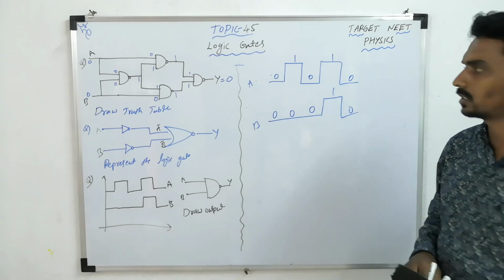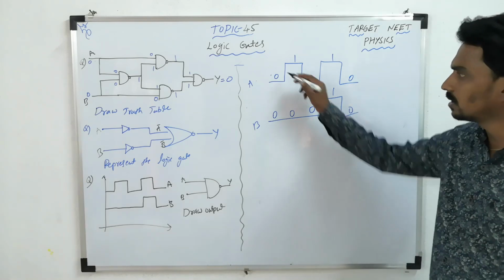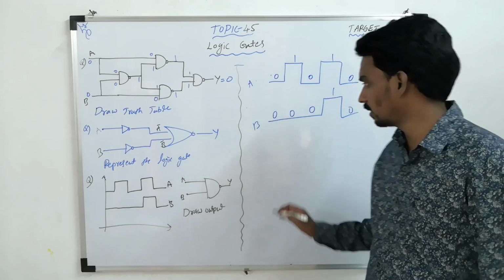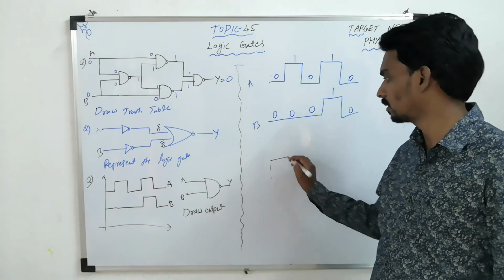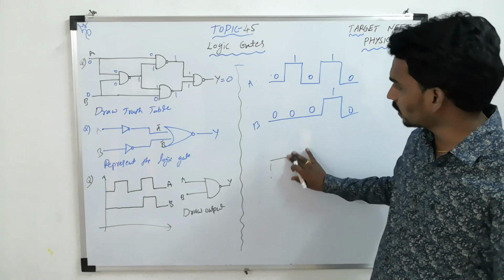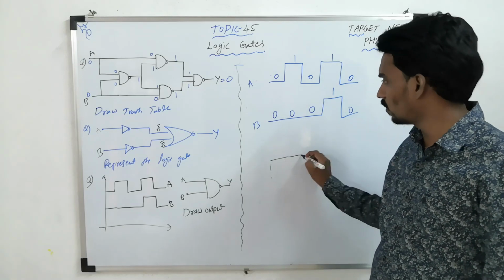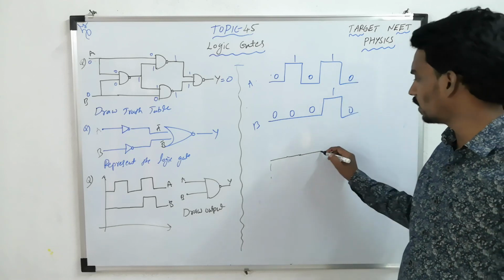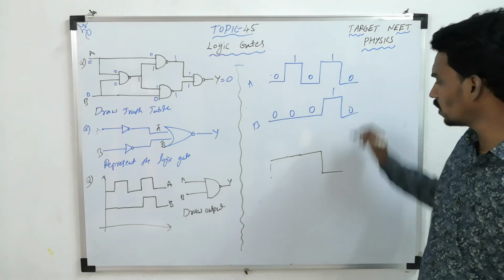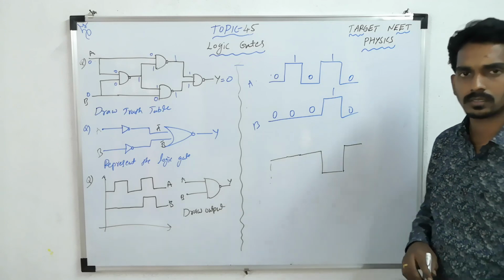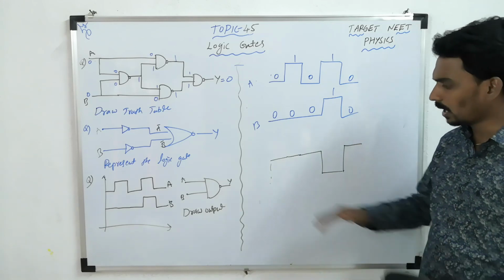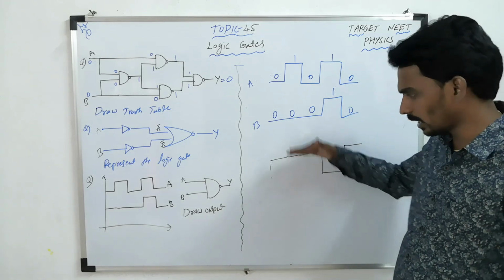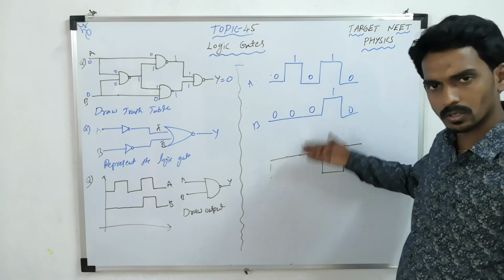First you have to divide like this. Now first 0 0 into NAND gate gives 1, high. Then the second, 1 0 gives 1 only, 0 0 gives 1 only, 1 1 gives 0, 0 0 again 1. So you have to take one reference level, 0, then 1 as high, 0 1 0 1.